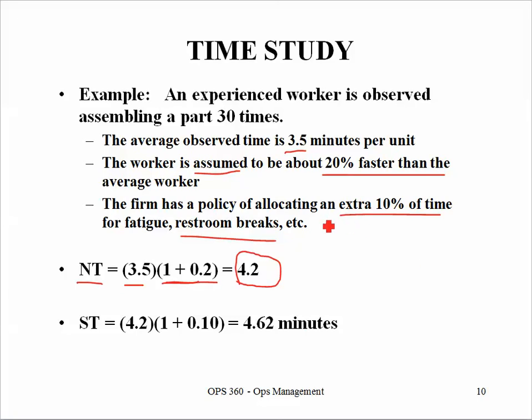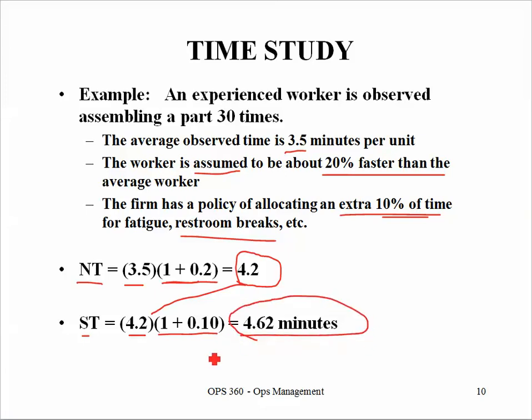And then I have to throw in the allowance factor of 1.1, basically an extra 10% of time, to calculate the standard time. So I take the normal time I just have up here, 4.2 minutes, multiply it times my allowance factor of 1 plus 0.10, and that gives me a standard time of 4.62 minutes.